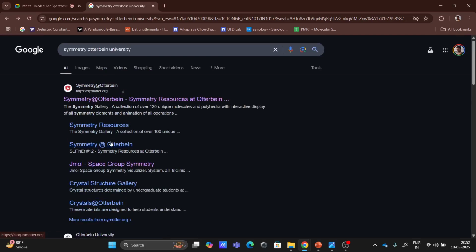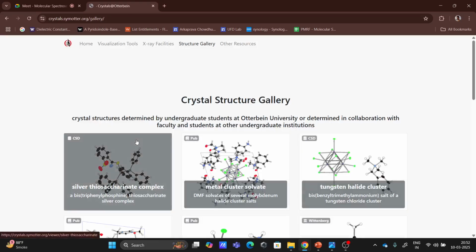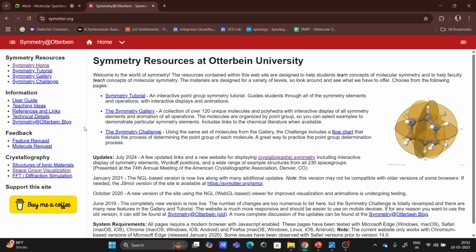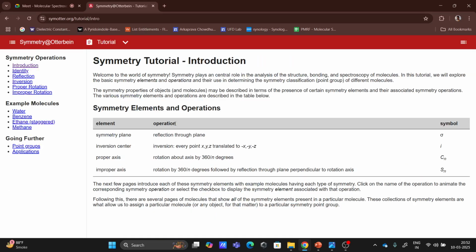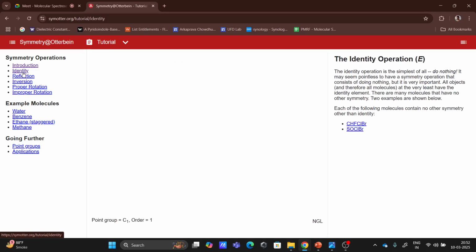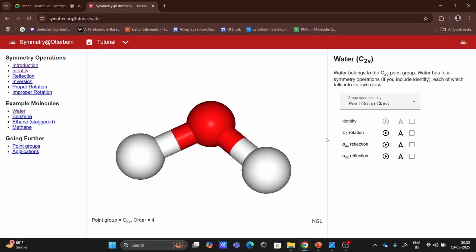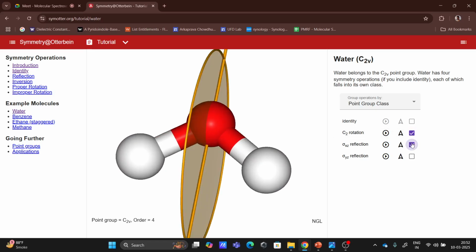Maybe on the next day I'll show you how you can see the individual molecules and visualize the planes or the symmetry. Here you can see the C2 axis of the H2O molecule.